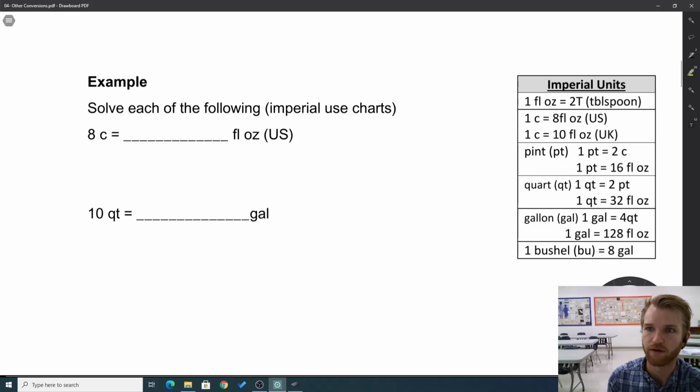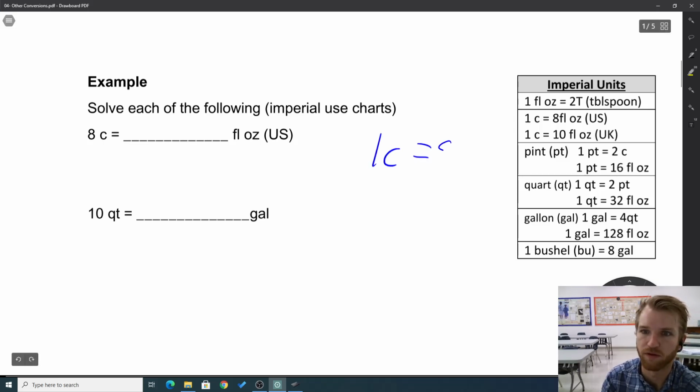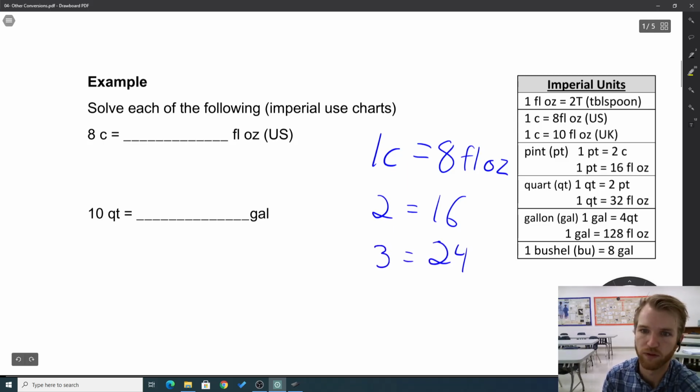So we look at our imperial units. This is on your formula sheet, all this information, so you would be given this on the test. You don't need to memorize this. But 1 cup is the same thing as 8 fluid ounces. So if we had 2 cups, it would be 16 fluid ounces, and 3 cups would be 24, because every cup is just adding 8 more.